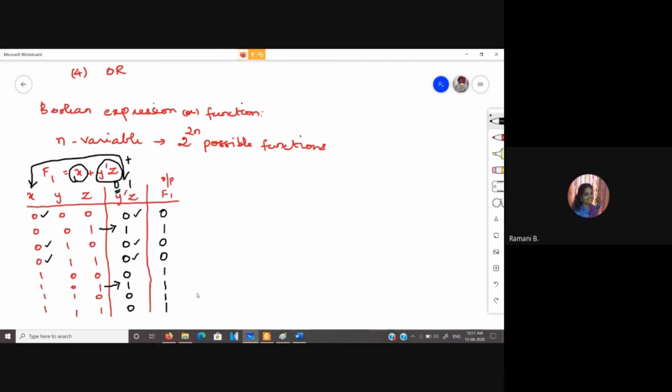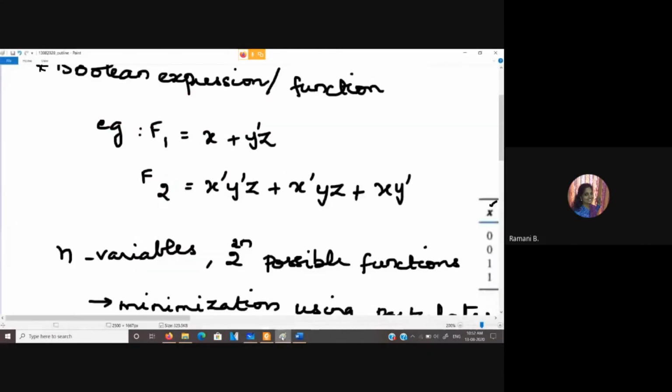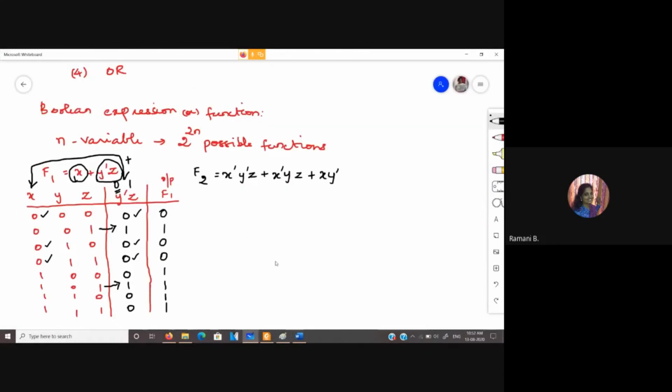Now let us consider another example. f2 is equal to x bar y bar z plus x bar y z plus x y bar. Okay, so for this particular example, let us write the truth table.